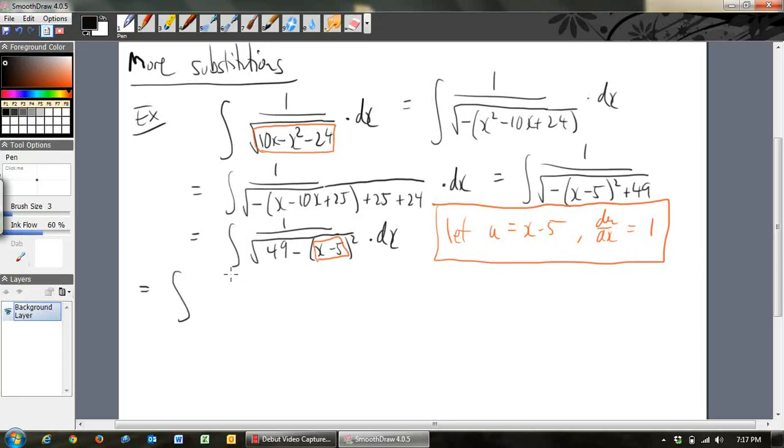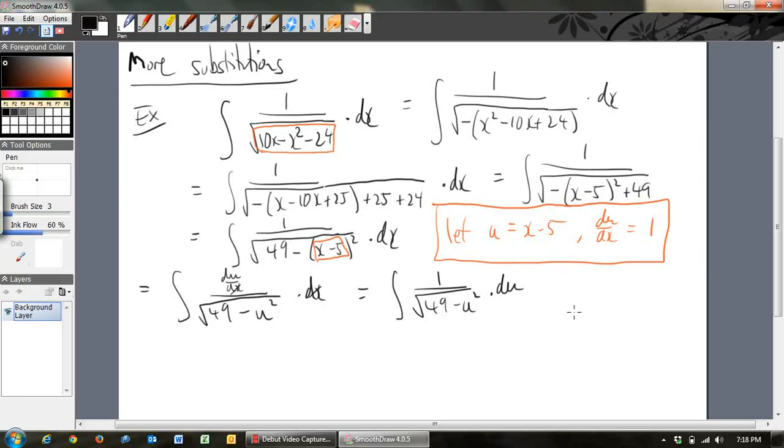The integral is 1, which is du/dx, over the square root of 49 minus u squared, dx. Let me rewrite that. Those dx's cancel, and you're left with the integral of 1 over the square root of 49 minus u squared, du.